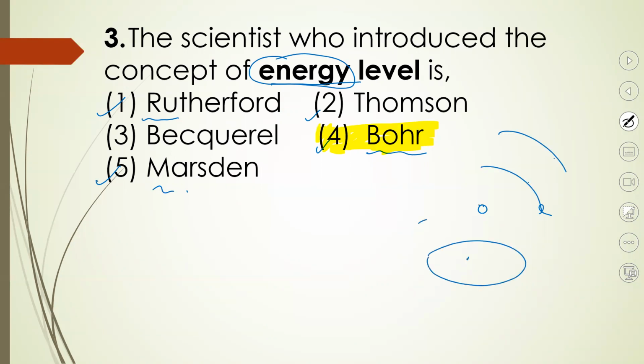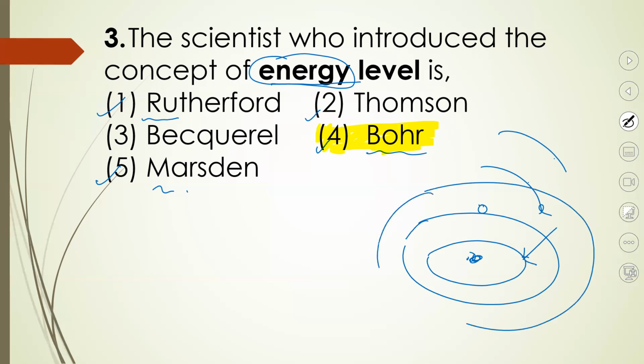Electrons are around the nucleus, revolving in defined energy levels. In this way, he proposed the atomic model. He even explained the hydrogen spectrum using the atomic model. I think you may have understood. The answer is Neil Bohr.